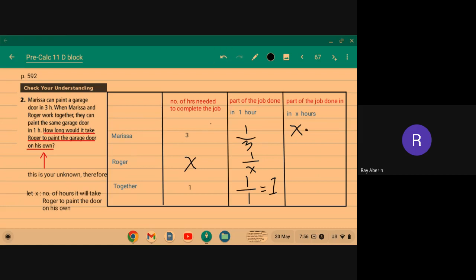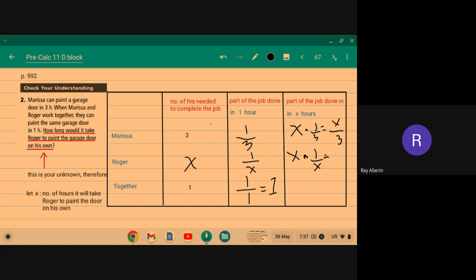That would be having X hours and being able to accomplish 1/3 of the job per hour. That means she is able to do X over 3 of the job in X hours. What about Roger? Well, he is given X hours and he's able to finish 1 over X of the job per hour, and multiplying those two, it would be X over X, or just 1.